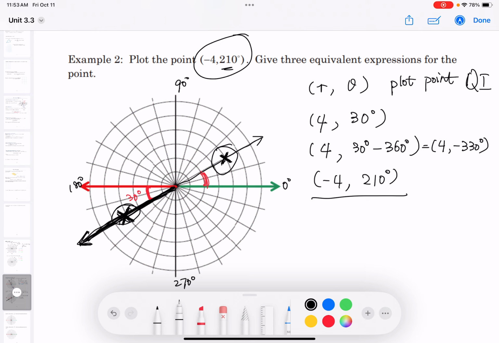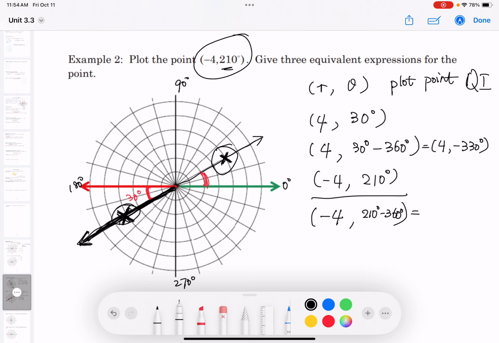Now we need to find negative 4, so we go backward. We go to the first quadrant. And now, if I'm still having the radius negative 4, my angle is the same, or finding the coterminal of 210 degrees, I can base on 210 minus 360 or plus 360.